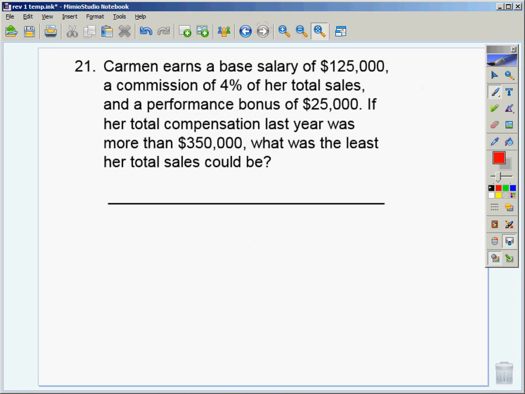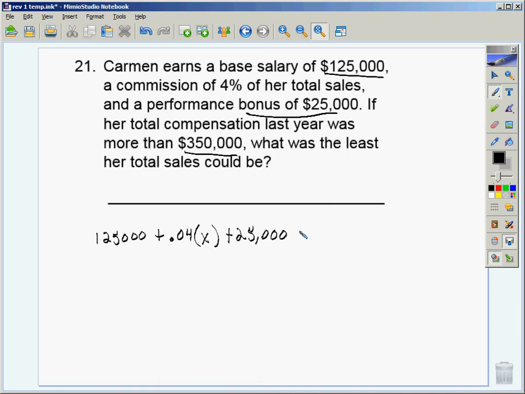Number 21. A base salary, $125,000. 4% commission. Remember that when you're dealing with a percent, you move the decimal 2 places. Other sales. A bonus being added on, $25,000. Last year was more than $350,000.